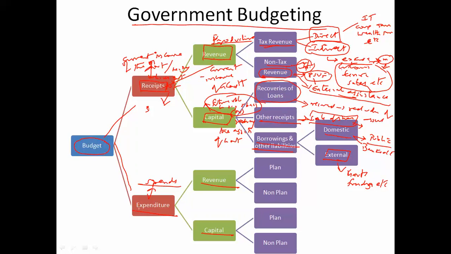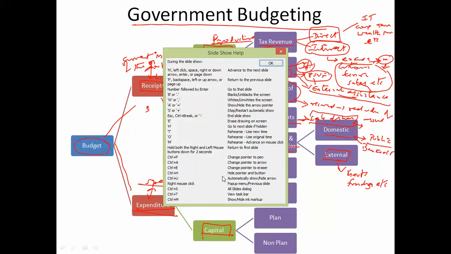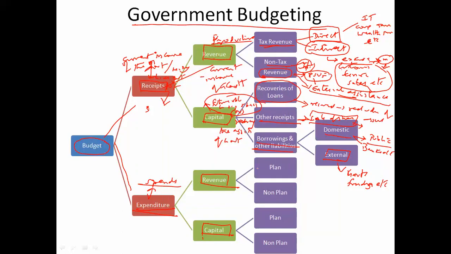Now coming to the expenditure side, there are two types: revenue expenditure, capital expenditure. Both revenue and capital expenditure are divided into plan expenditure and non-plan expenditure. Revenue expenditure, it does not create any asset.